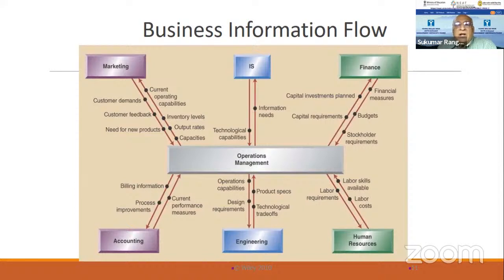Engineering takes care of the design as well as the operations capabilities or layouts, etc. And most important is again human resources, which need to provide the required skills, the right person for the right job at every level in the organization, to ensure there is smooth conversion or transformation of the material to output.